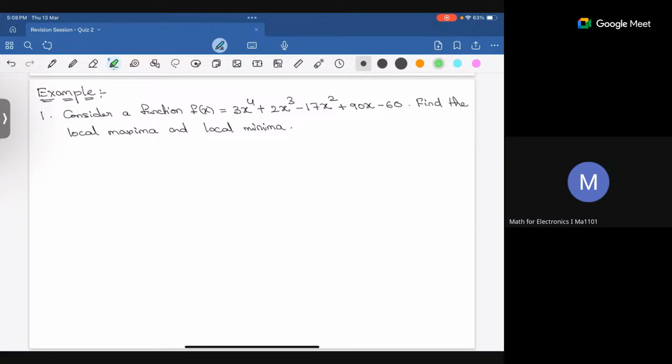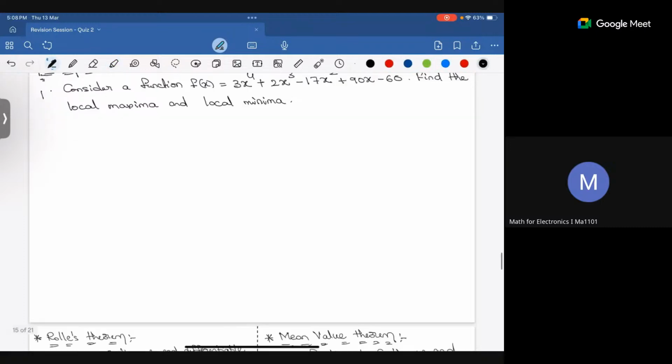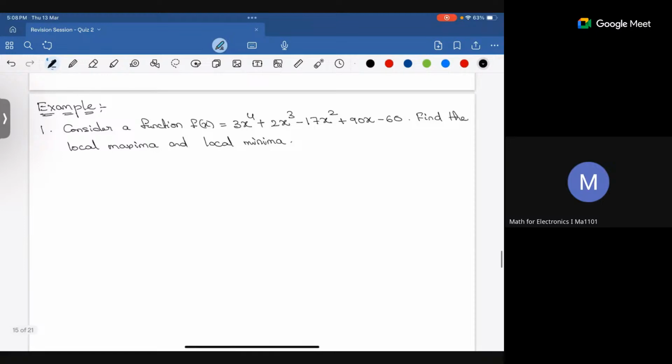Given a function like this, f of x is 3x power 4 plus 2x cube minus 17x square plus 90x minus 60. What we have to find is the local maxima and local minima. For that, the first step is checking condition 1. My f prime of x should be 0.